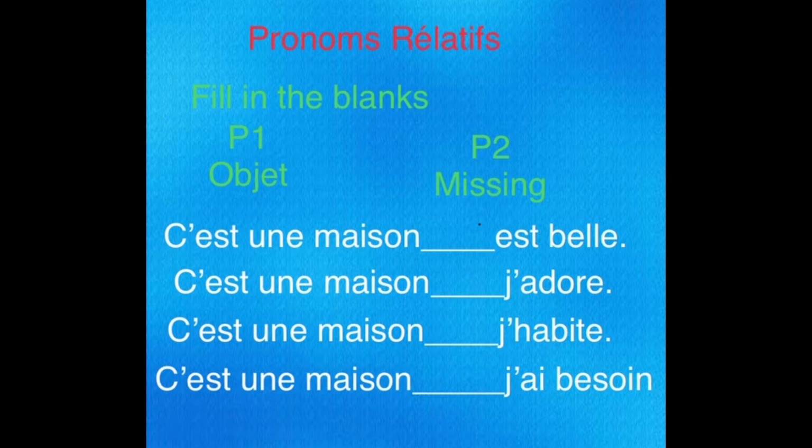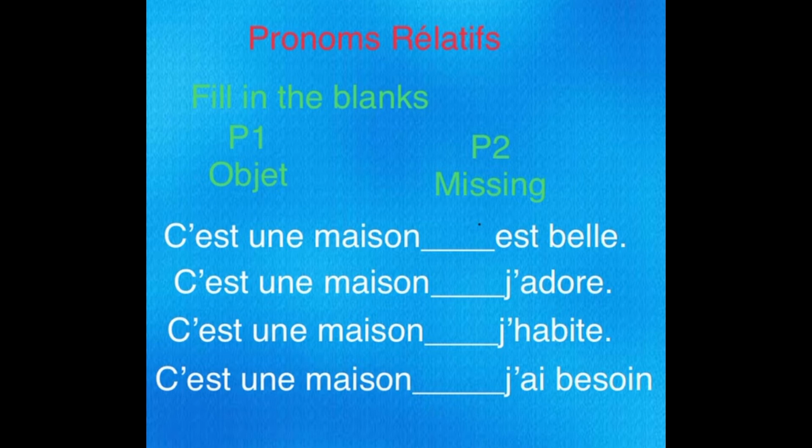In the sentence below, phrase 1 is "C'est une maison." For phrase 2, the part given to us is "est belle," and a little part is missing. Now, we have to be clever and guess what that missing part would be.